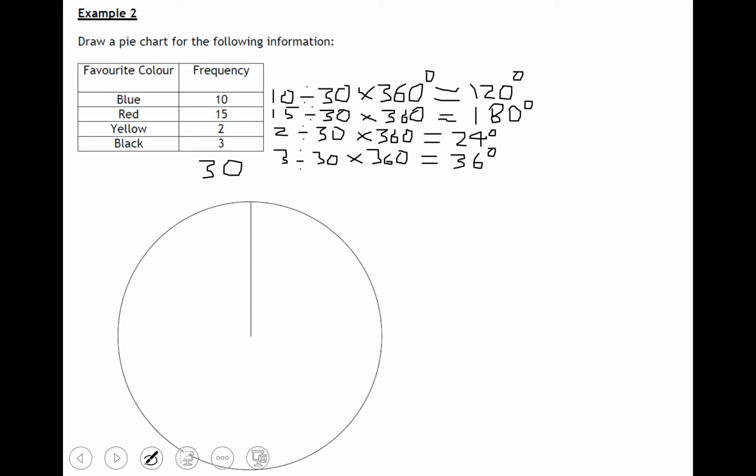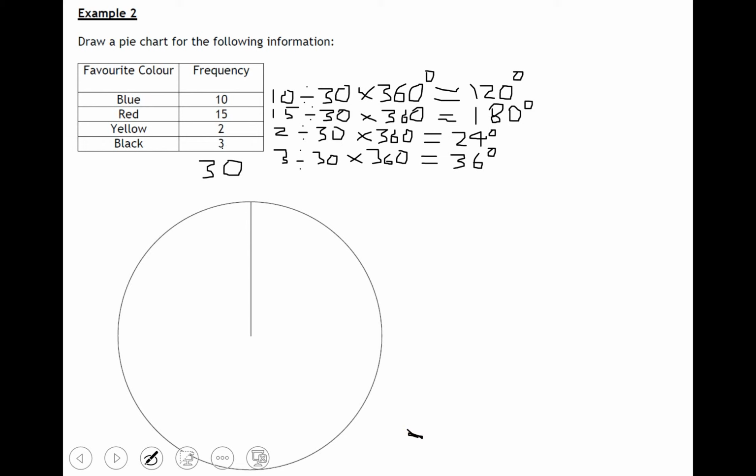Now again, on this PowerPoint I'm not going to be able to use a protractor properly, but what we should do, you get your protractor and make sure the centre of the protractor goes above the centre of the circle, and a line going up to 0, up to the top. We go clockwise around 0, 10, 20, all the way round to 120 for the first one.